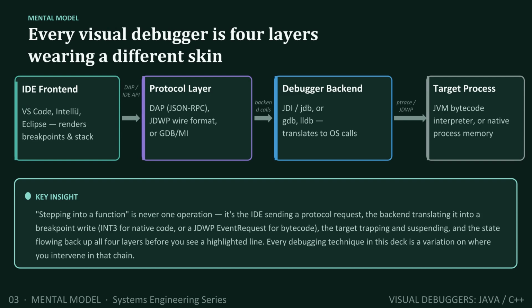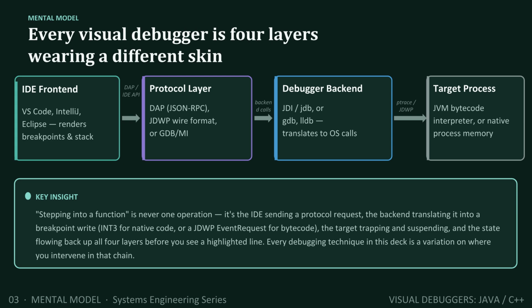Every visual debugger, no matter which one you use, is 4 layers wearing a different skin. Layer 1, the IDE frontend. VS Code, IntelliJ, Eclipse. This layer renders breakpoints, renders the stack, and takes your input. That's it. It owns none of the actual debugging logic. Layer 2, the protocol layer.